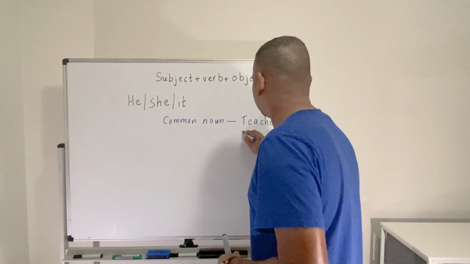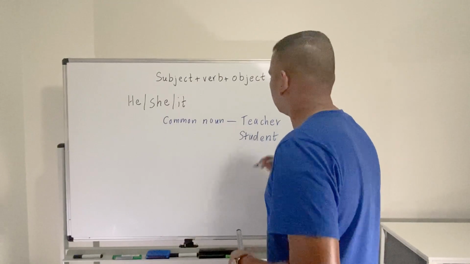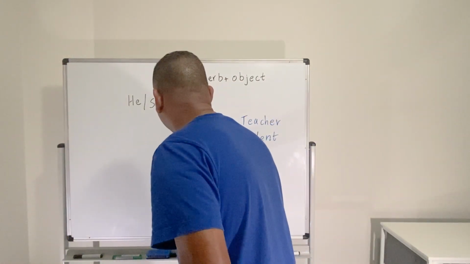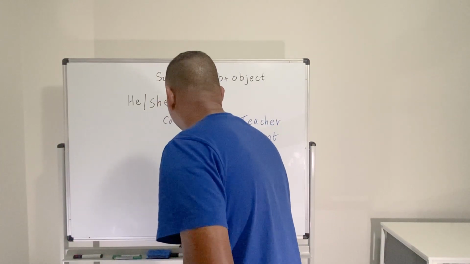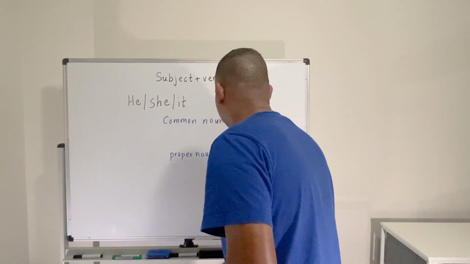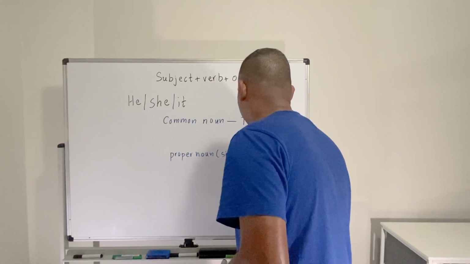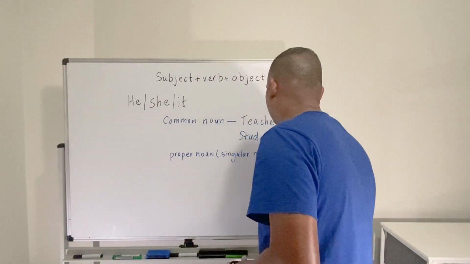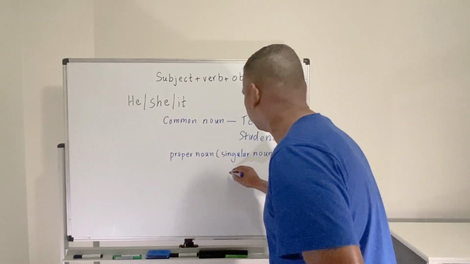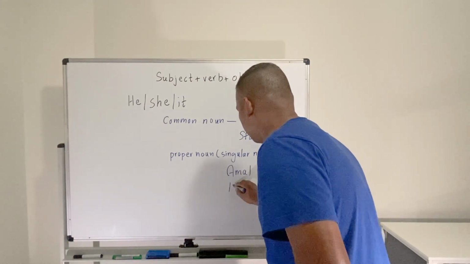And when you say student, then the same rule applies. Let's say a proper noun. You can say a proper noun, or you can say any singular noun for that matter. Let's say Amal, Kamal.